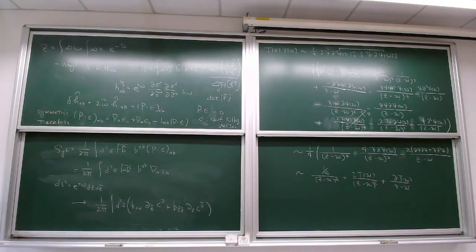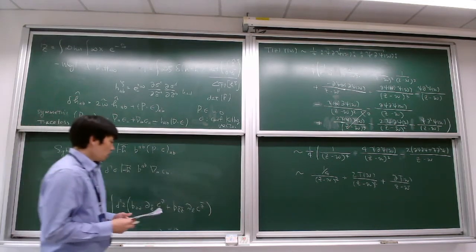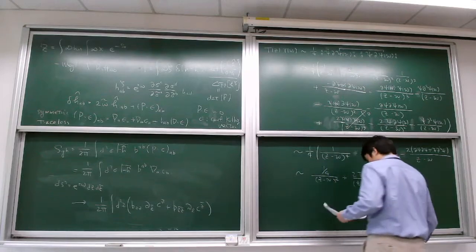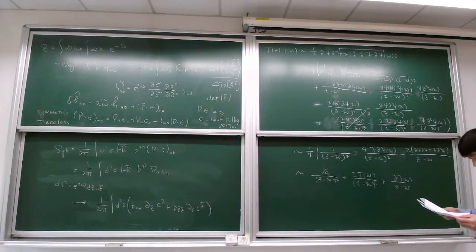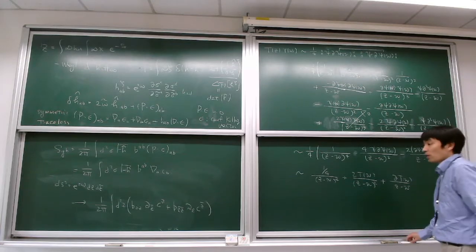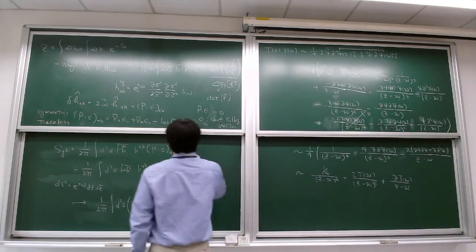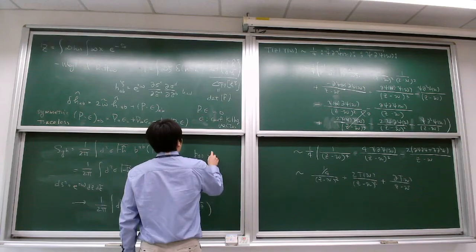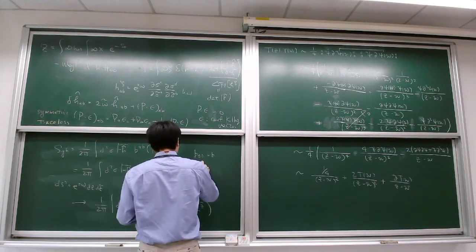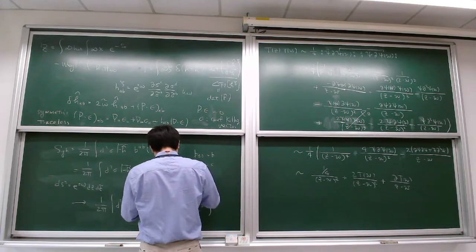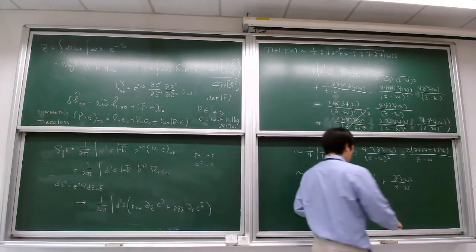So that's how we obtain the ghost action. From there, it was a bit sloppy, so we call b_zz equal to b, and c^z equal to c, and I'm going to focus on the holomorphic part.